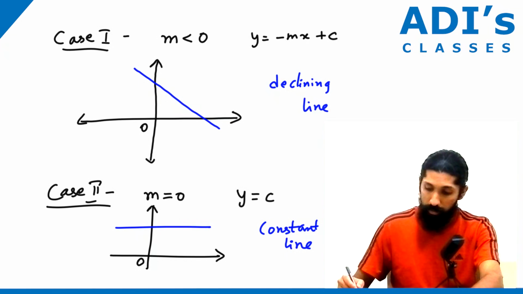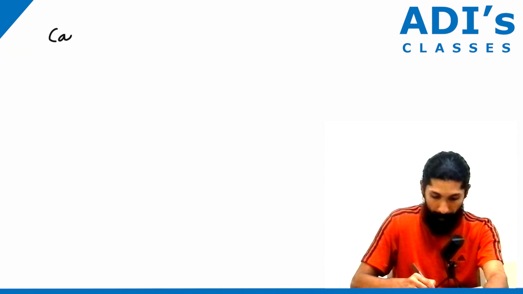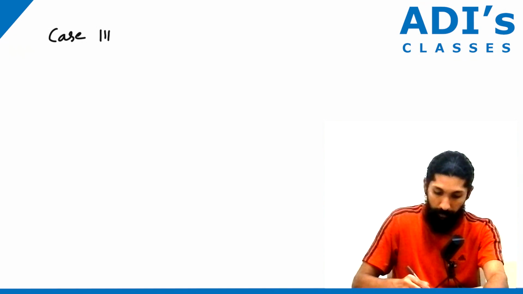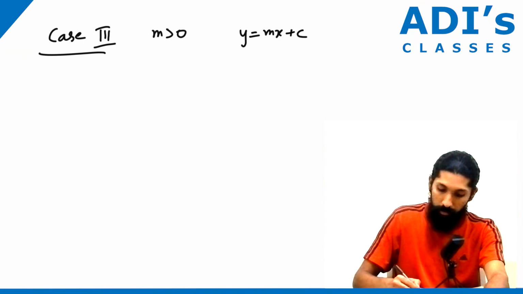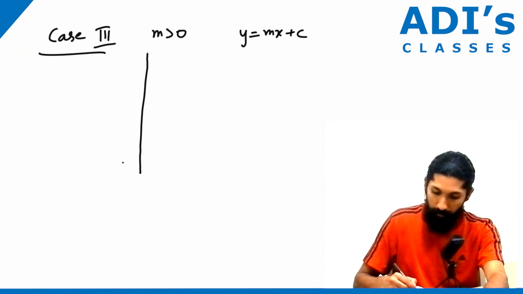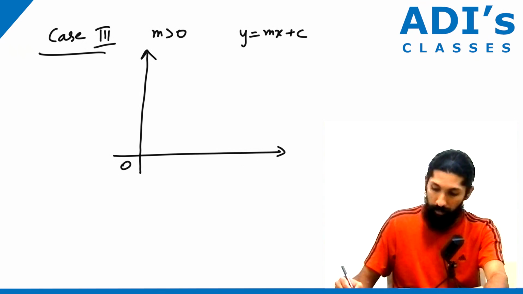So I think you guys would have guessed the third one. Third case is where m is greater than 0. For this case, case 3, where we have m greater than 0, we can say y is equal to mx plus c. So in this case, now you have 0, x and y.